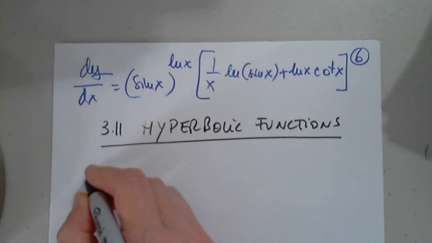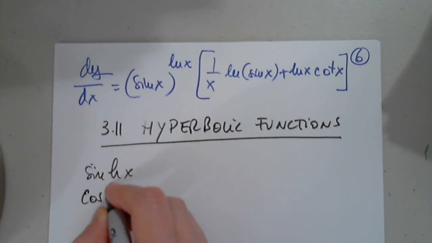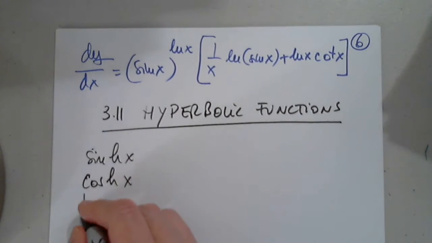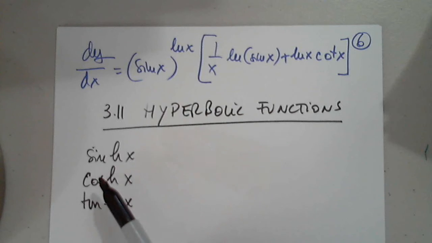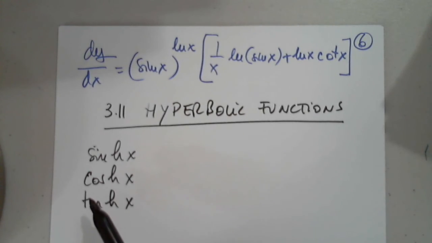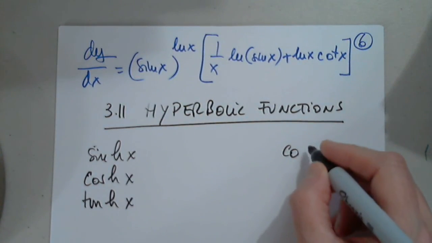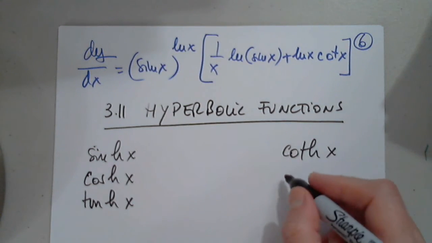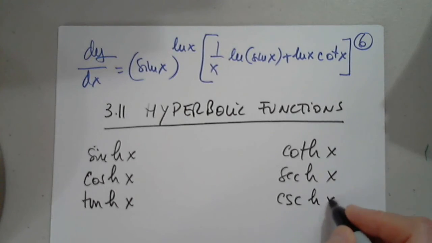Let me list them first. Hyperbolic sine, hyperbolic cosine, hyperbolic tangent. And you can say, you're saying that they're exponential functions, but I see sine, cosine, and tangent because of their relationships among them. That's why. And the other ones, of course, they are cotangent, hyperbolic cotangent, hyperbolic secant, and hyperbolic cosecant.